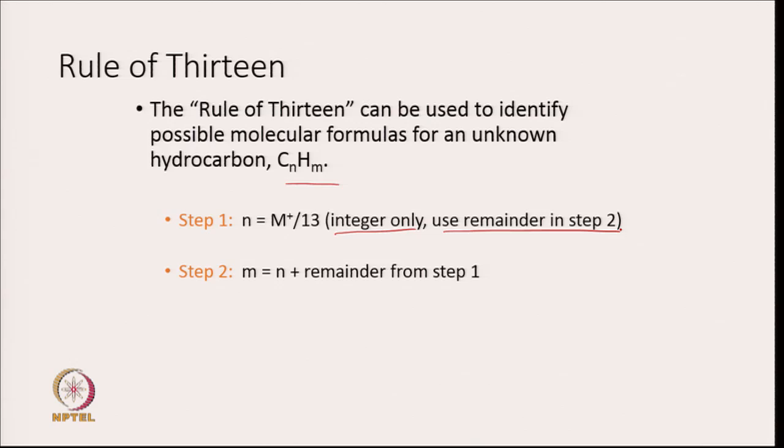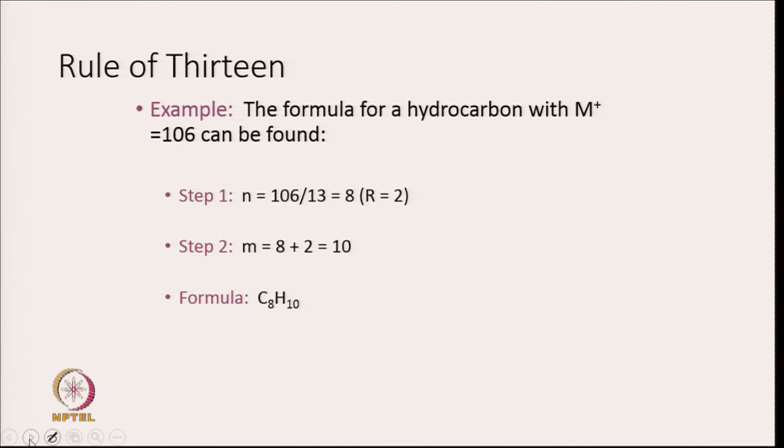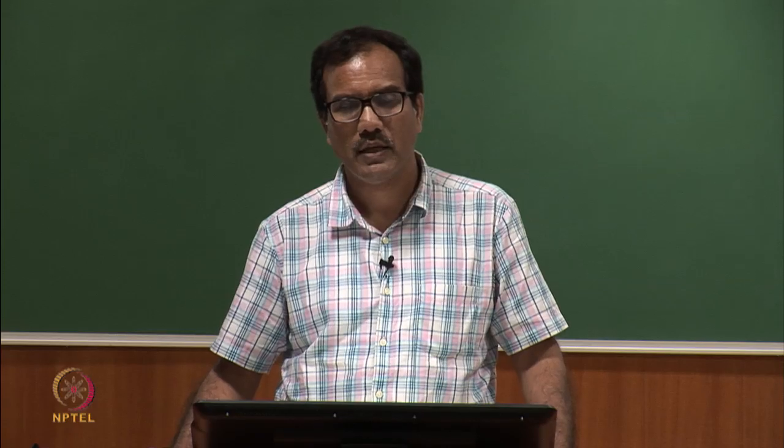So, n is simply the integer from dividing M by 13, and m is n plus the remainder from step 1. Whatever remainder you got in step 1, just add it to the n value and that will give you the m value.